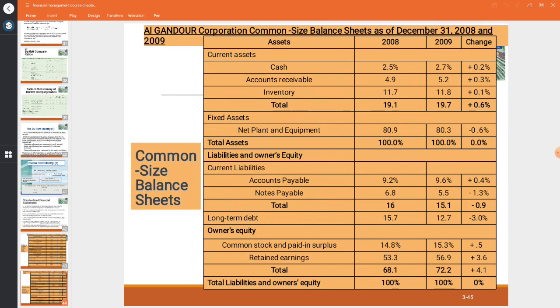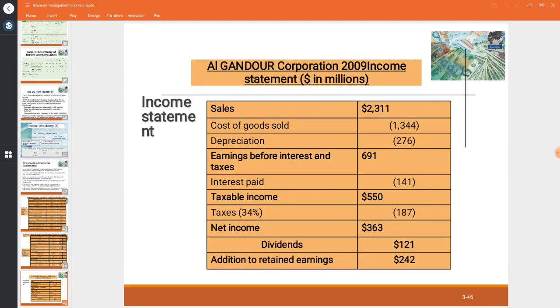Of course, if you have your balance sheet in this common size form, it will be very easy to compare balance sheets over many years, or to compare firms of different sizes, small firms and large firms. The same applies to the income statement. You can standardize your income statement by determining a common size income statement. In this case, you take each element in your income statement and divide it by total sales to express it as a percentage.